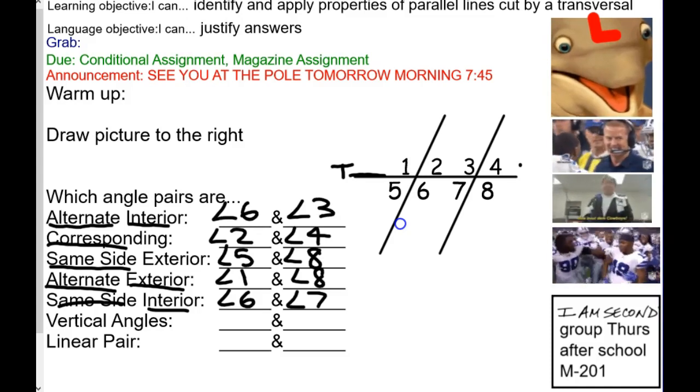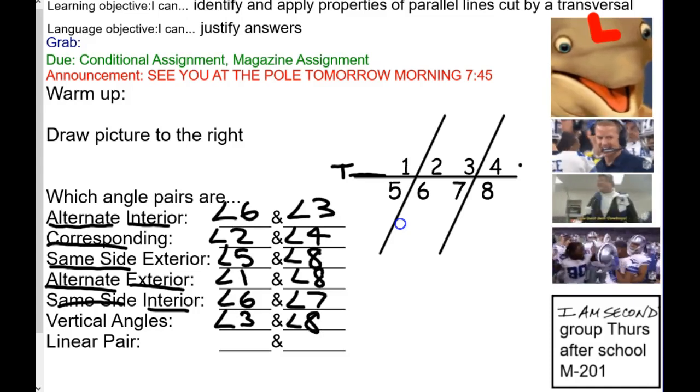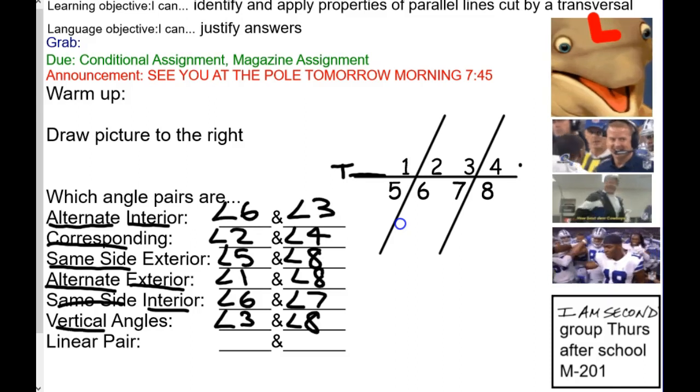Nope, not 4 and 7. But angle 3 and angle 8 are vertical angles. What else is vertical here? 1 and 6. What else? 2 and 5, 4 and 7, right? Feel me?